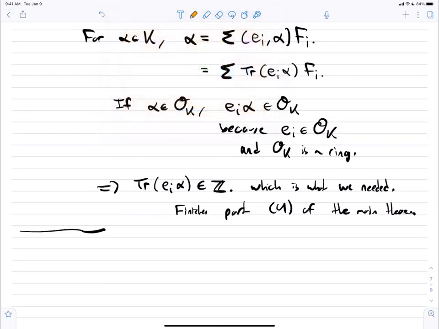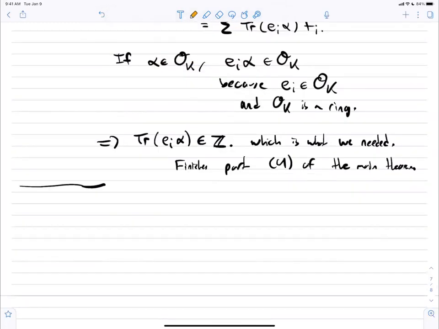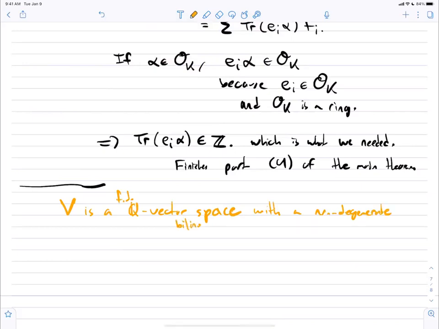Say V is a finite dimensional Q vector space with a non-degenerate bilinear pairing.